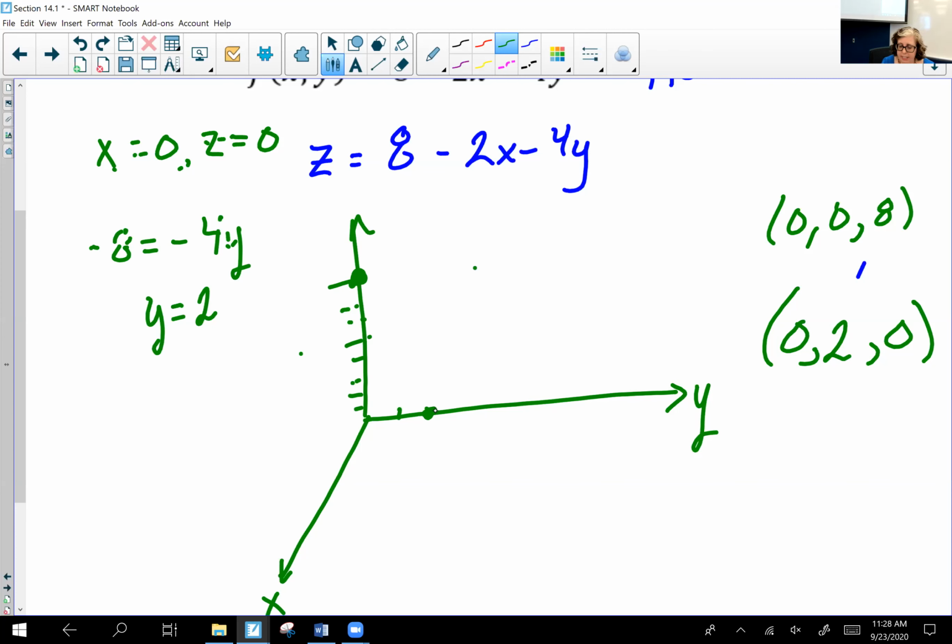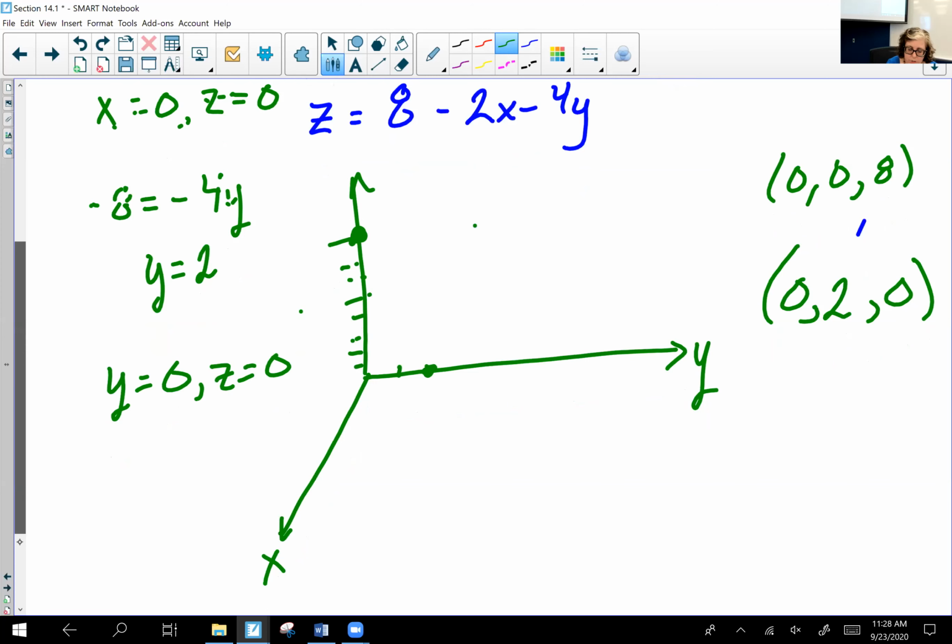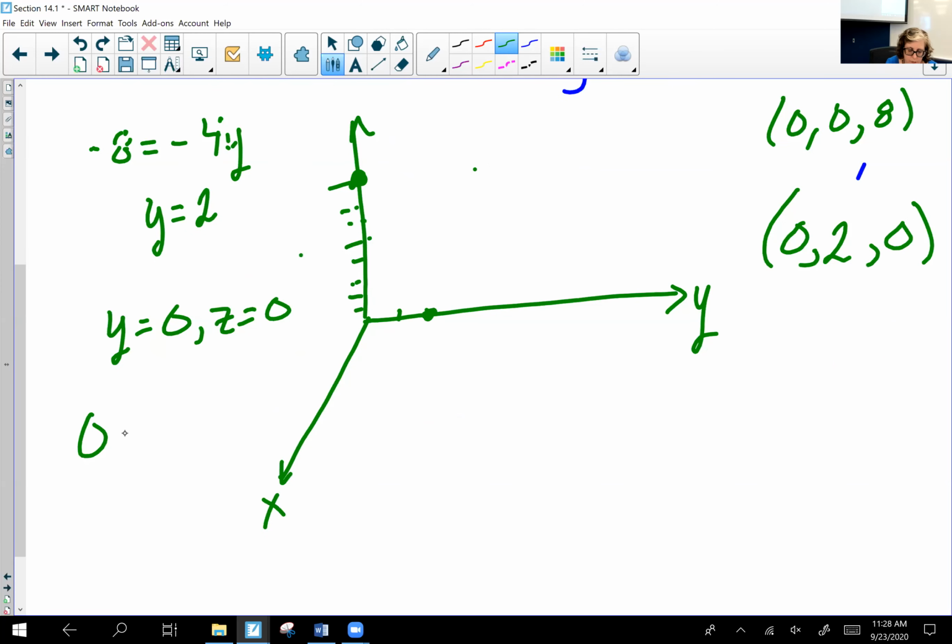Okay, finally, let's get our intercept on our x-axis. So we're going to say y equals 0 and z equals 0. I'm going to plug that back into my equation. So I end up with 0 equals 8 minus 2x. -8 then equals -2x. So x then equals 4.